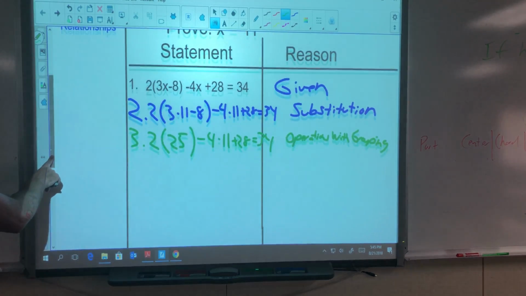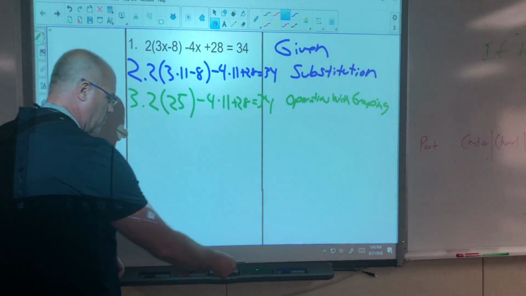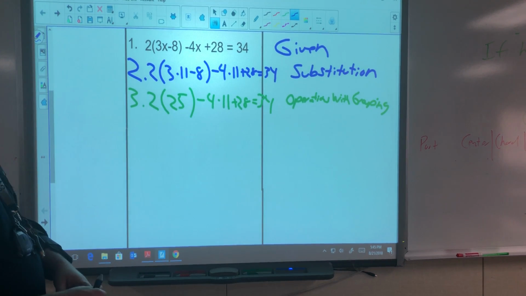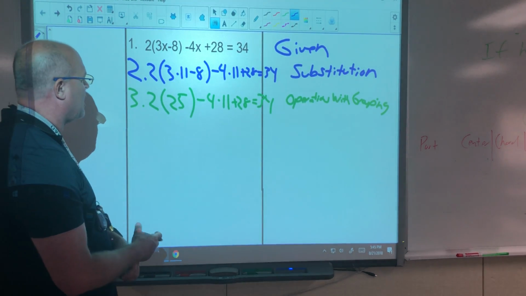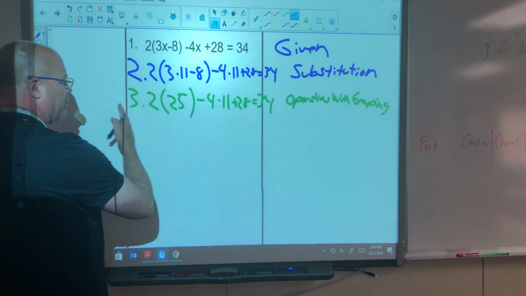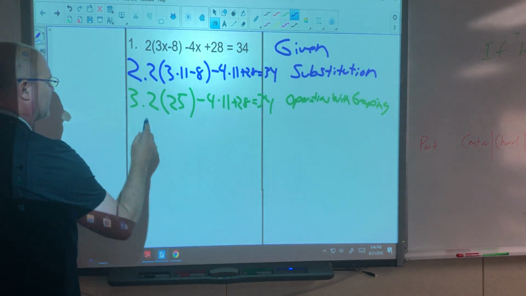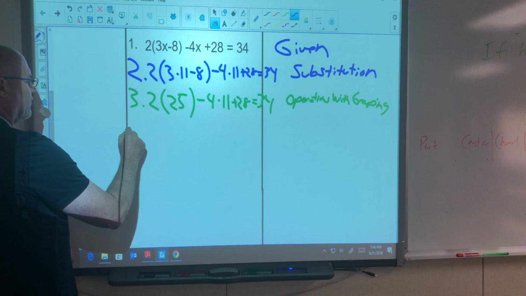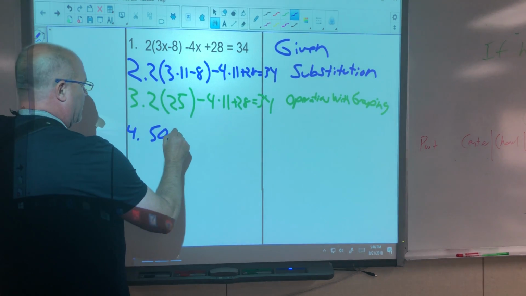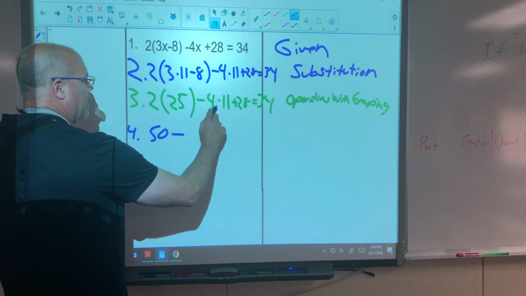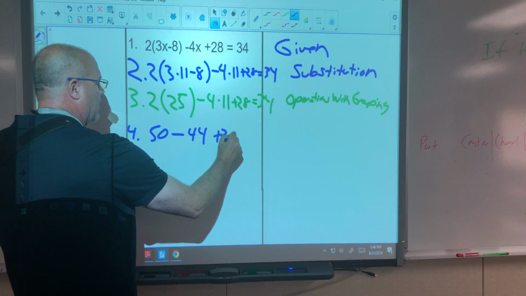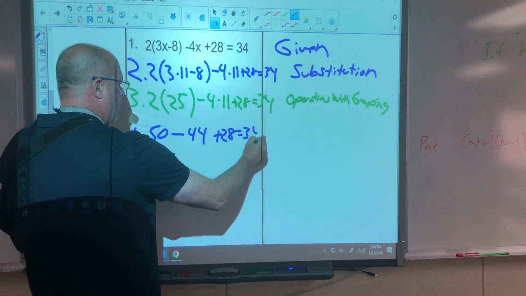All right, so now we've done our groupings. So next is the exponents. We don't have any exponents, so now we're going to look at multiplication and division, and we know the order of operations says we work left to right with that. So I'm going to do a multiplication here. For step 4, I'm going to get 2 times 25 is 50 minus, I'm going to multiply here, 4 times 11, so that'll be 44, plus 28 equals 34.